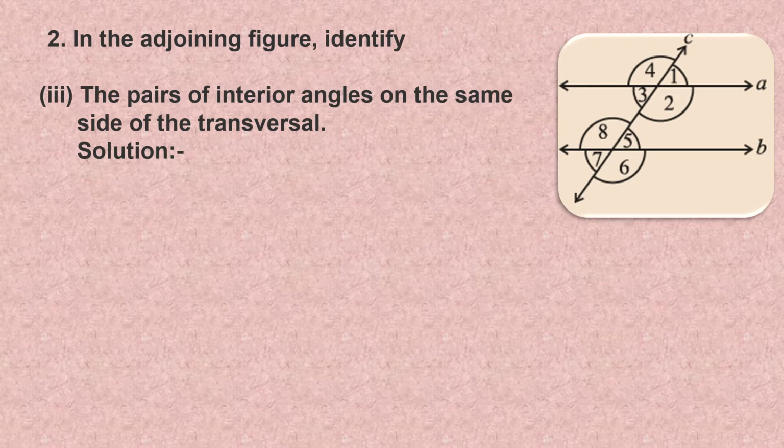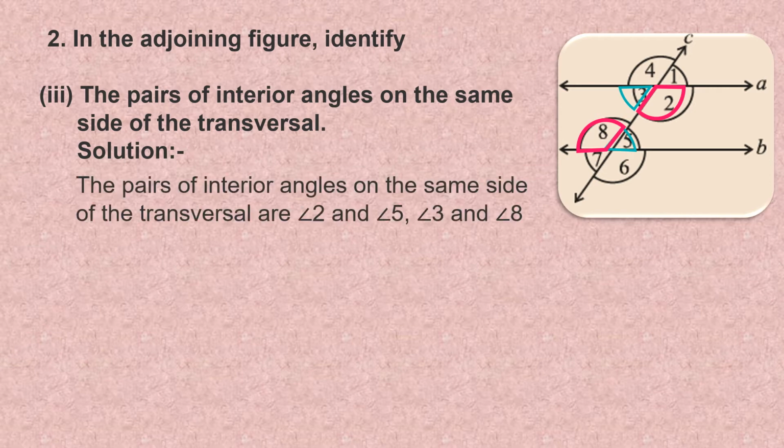We know that the interior angles in this picture are angle 2, angle 3, angle 5 and angle 8. What are the interior angles on the same side of the transversal? Angle 2 and angle 5, angle 3 and angle 8 are the pairs of interior angles on the same side of the transversal.